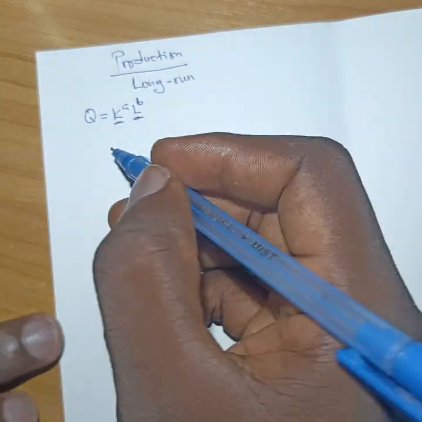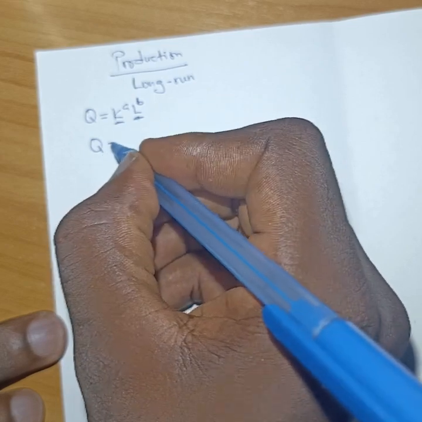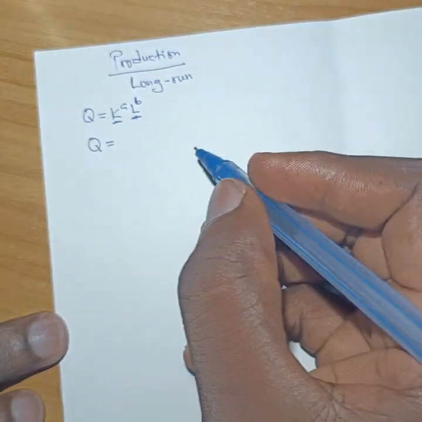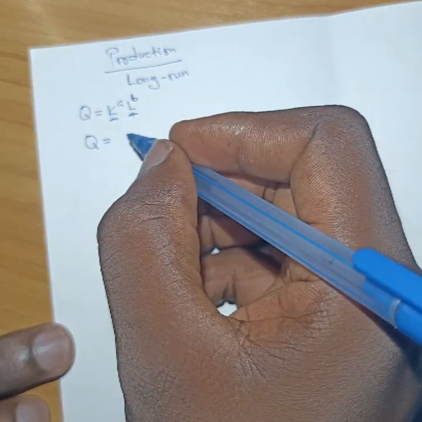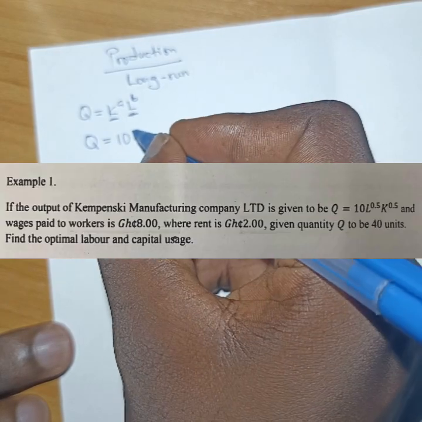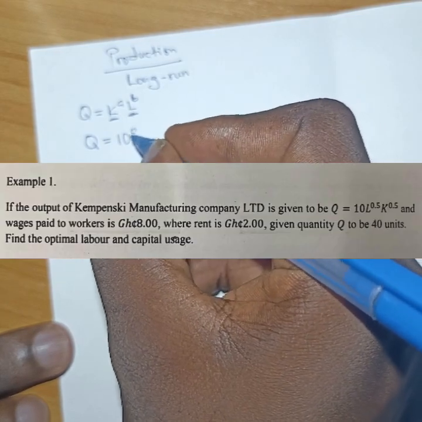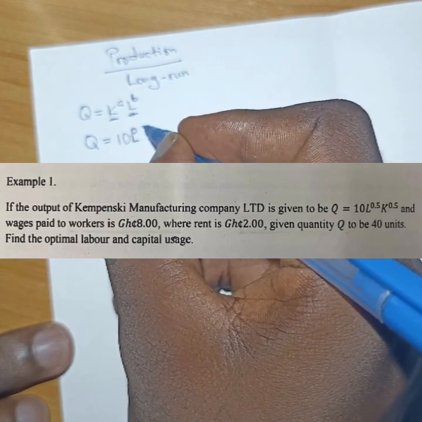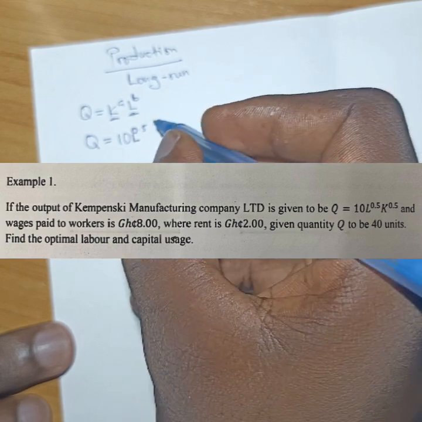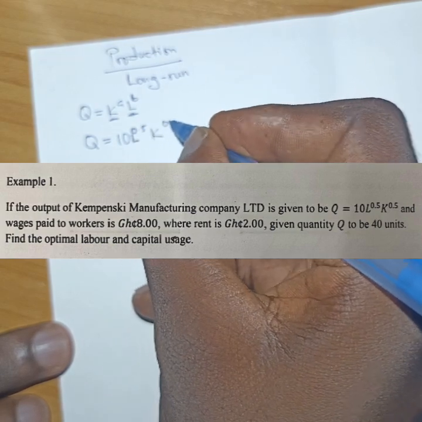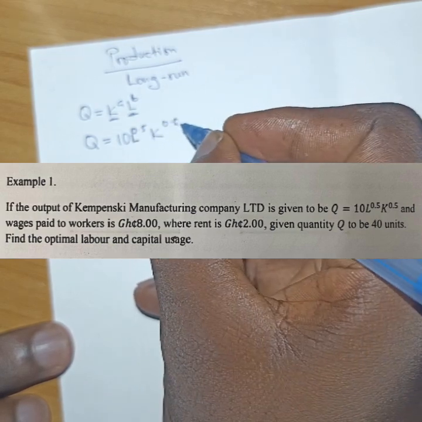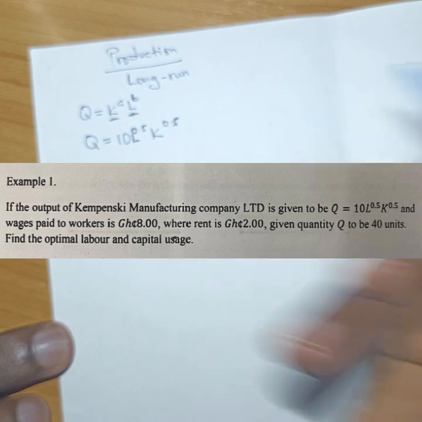So like this, let's list everything down. Q equals 10L to the power 0.5, K to the power 0.5. So this is the function they gave us.